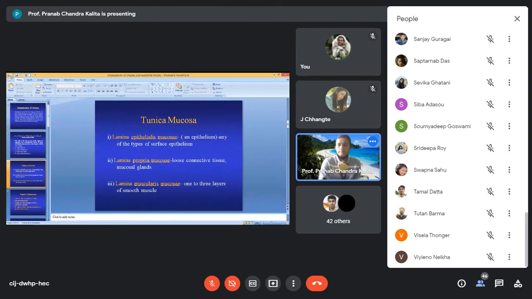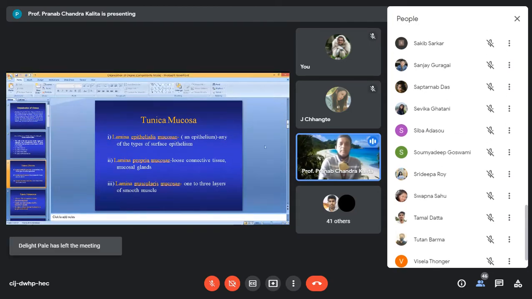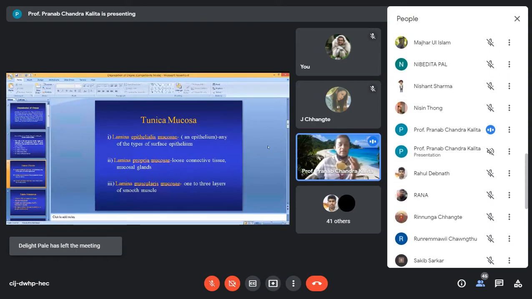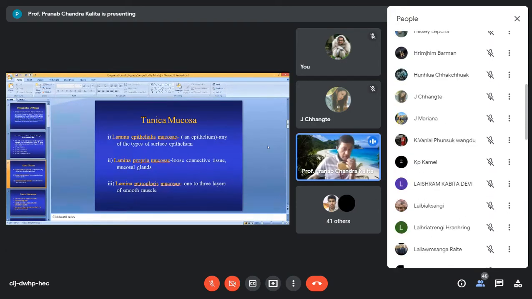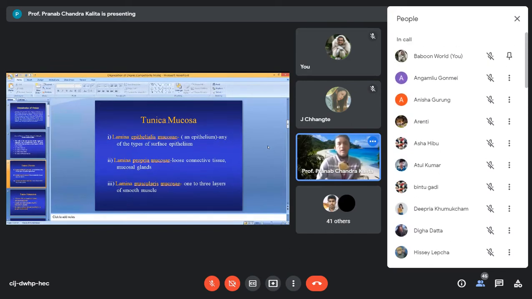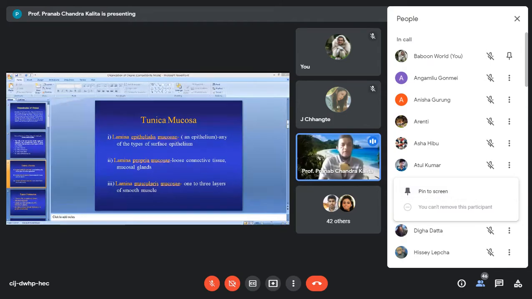Okay. So Tunica mucosa again has three different sub-layers. You can say Tunica mucosa consists of three different layers. The first layer of the Tunica mucosa is called lamina epithelialis mucosae.